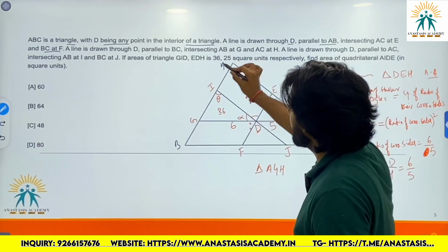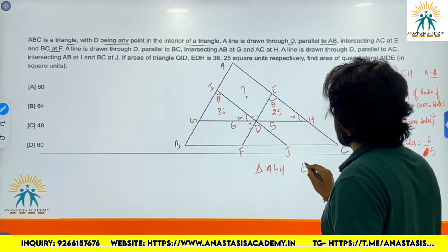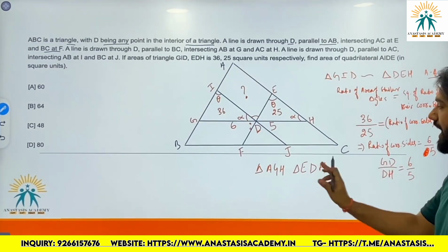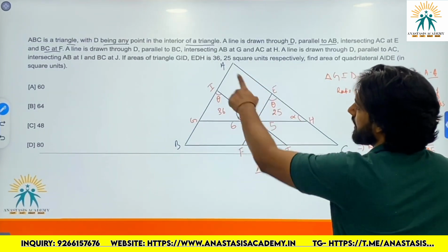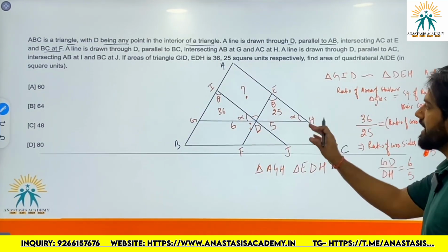I am taking this triangle AGH, and I am taking this triangle EDH. Now I am proving similarity between these two triangles. One is this bigger triangle AGH, and the other is EDH.